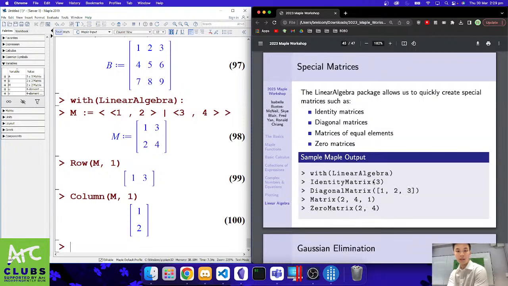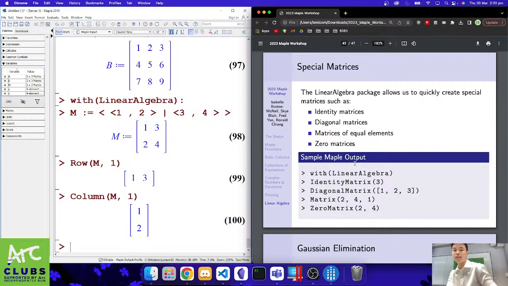Okay, now, next thing is we can define a series of special matrices. So here we have like 4 main types of special matrices. We have identity matrices, diagonal matrices, matrices of equal elements, and lastly is the zero matrix. Okay.